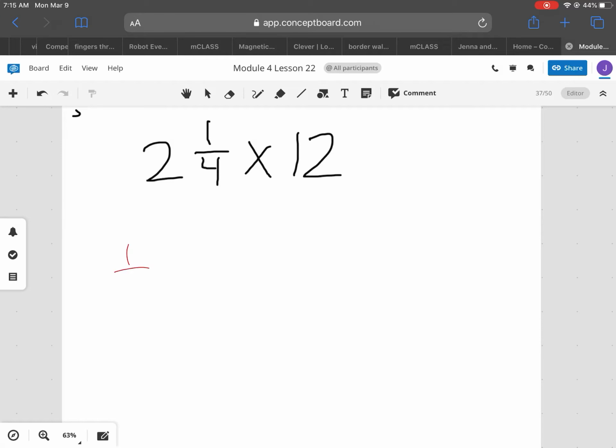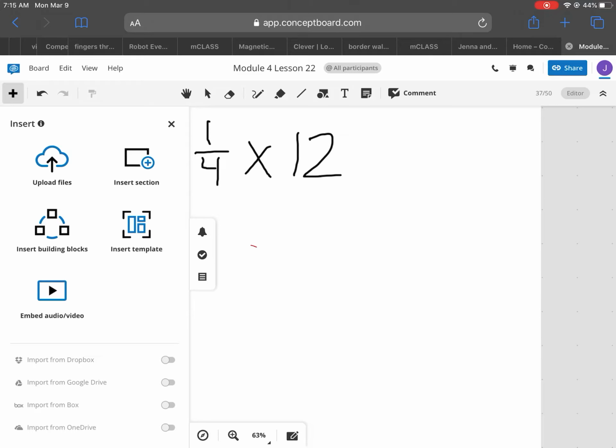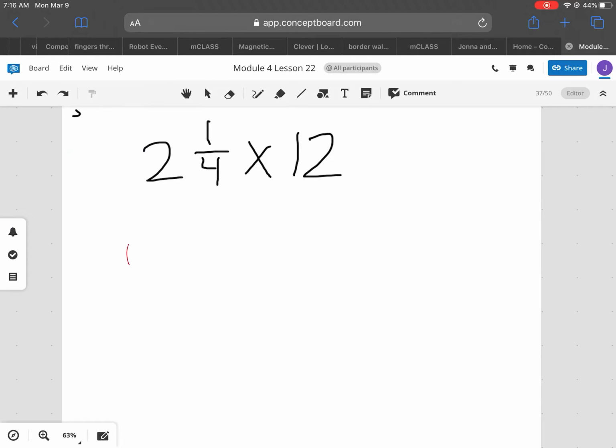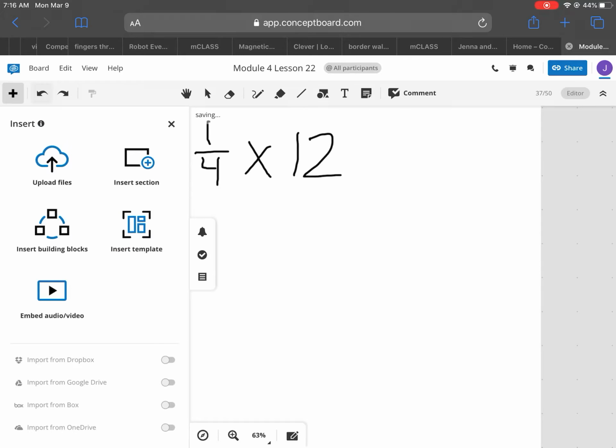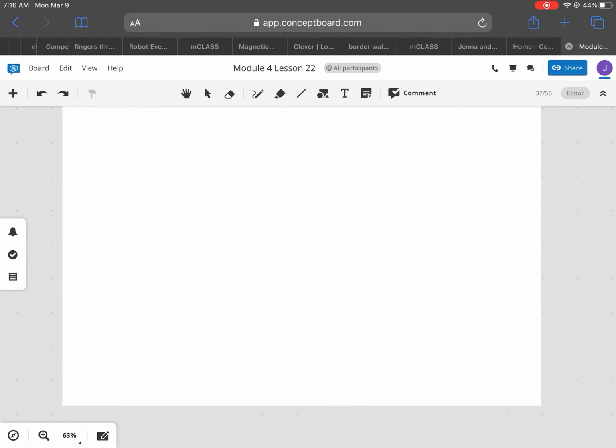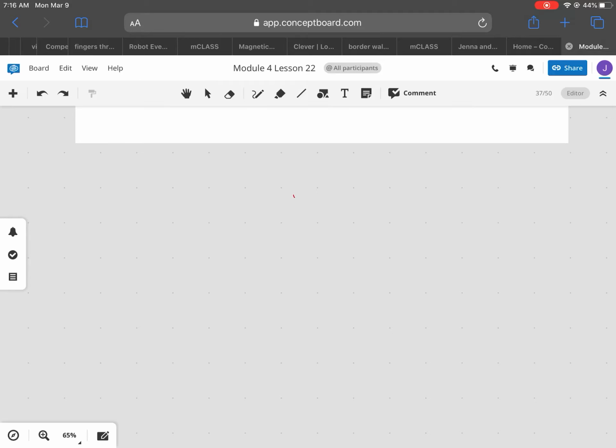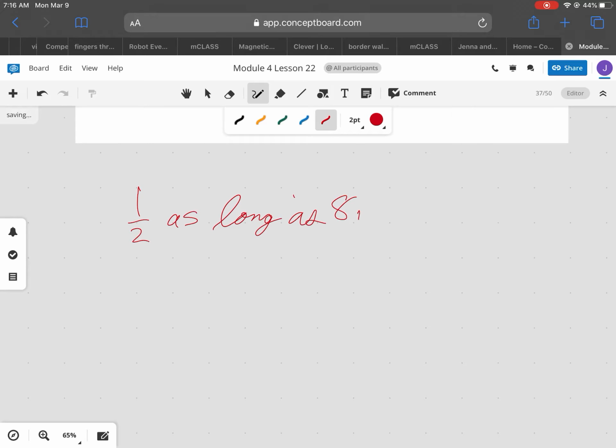So today we had something to the effect of, again, there we go. Keep pushing the wrong one. All right, I'll do it down here. 1/2 as long as 8 meters is equal to blank meters.